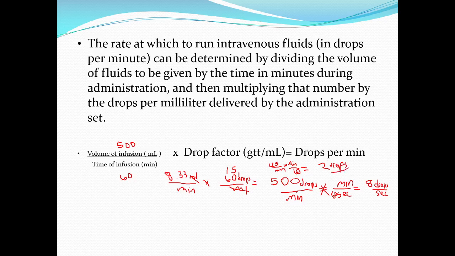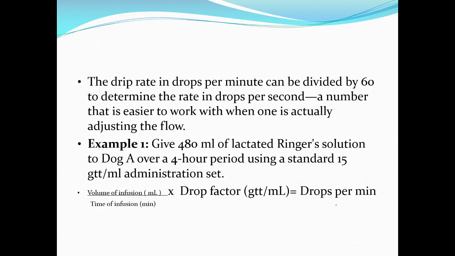So that's how we calculate drops per second. And actually, I would really like you to do that because standing there for 60 seconds is going to take you forever. The drip rate in drops per minute can, like I said, be divided by 60 to get drops per second. So it's easier to work with.